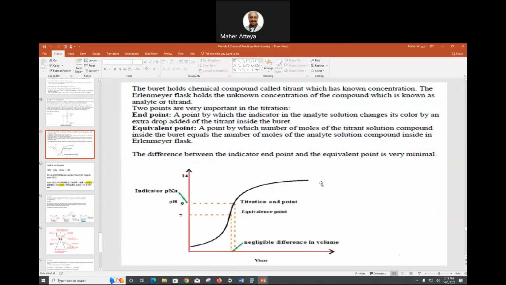Now, in titration, the acid-base titration means the acid-base reaction. The acid will consume itself with the base. And we have two types of equivalent: the equivalent point, and the titration endpoint.